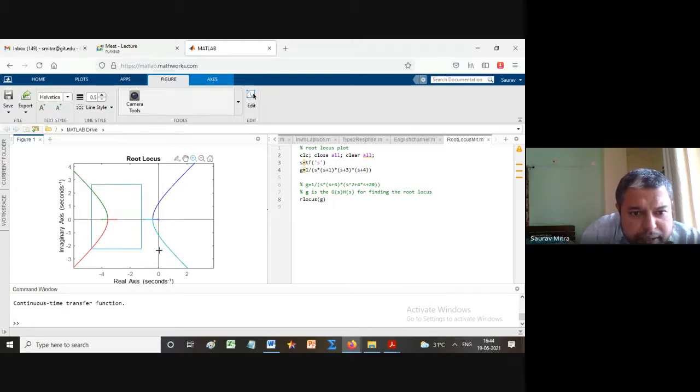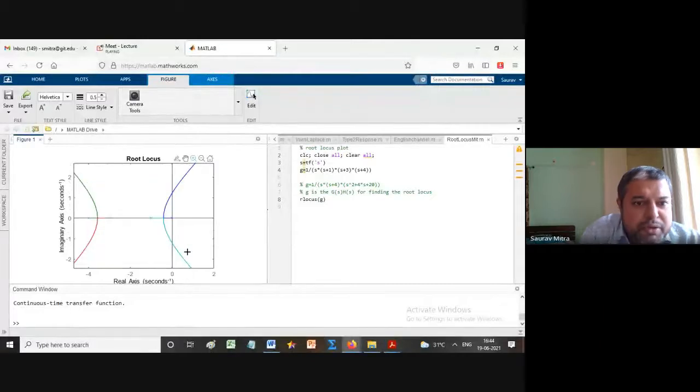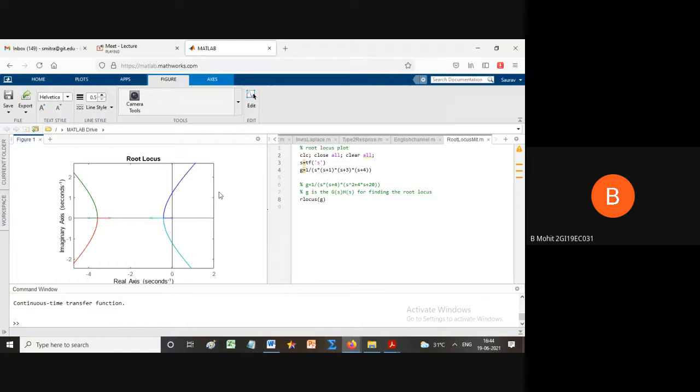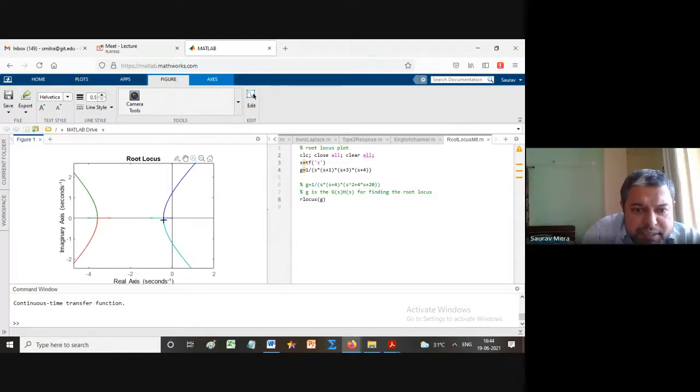Is the root locus understandable now? So only this much part we are drawing. Is it clear how to do it? Yes, sir. Zoom out and you will get out. Now see, what was our first breakaway point? It was 0.42.